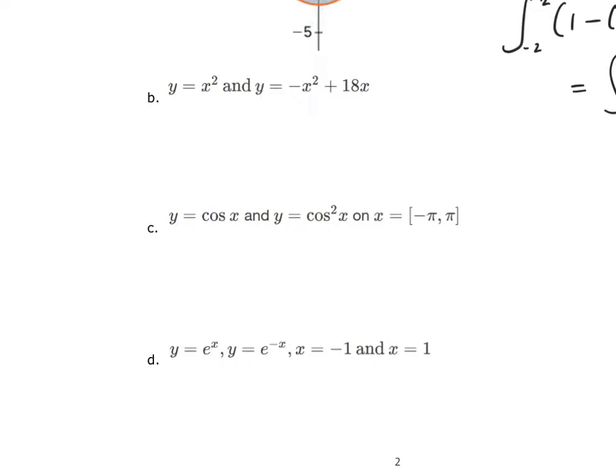Now, what I know without actually going to Desmos is that this graph is going to look like that. So by the basic transformations of graphs, that's what the graph will look like. Now, this one, because this is negative, and if I were to factor out a negative, so negative x, and then x minus 18, I know I'm going to be crossing at 0, and I'm going to be crossing at 18, and it's going to be upside down.